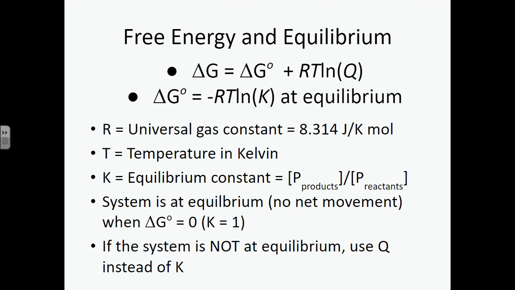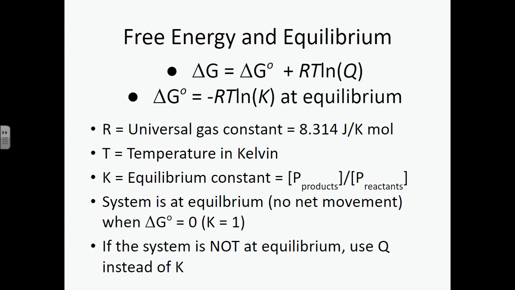And remember, the difference between Q and K is that K is at equilibrium and Q is that reaction at any state, any kind of conditions, whether it's an early stage, latter stage, prior to reaching the equilibrium. Now Q can be equal to K, but when Q is equal to K, you have a scenario where you have equilibrium.